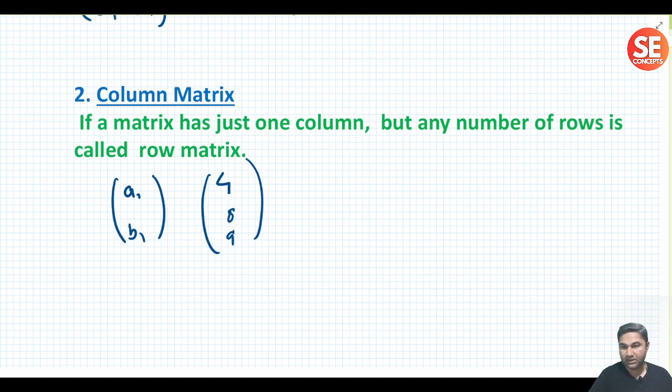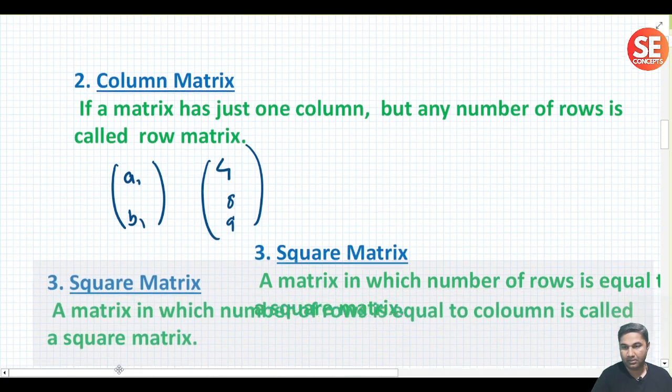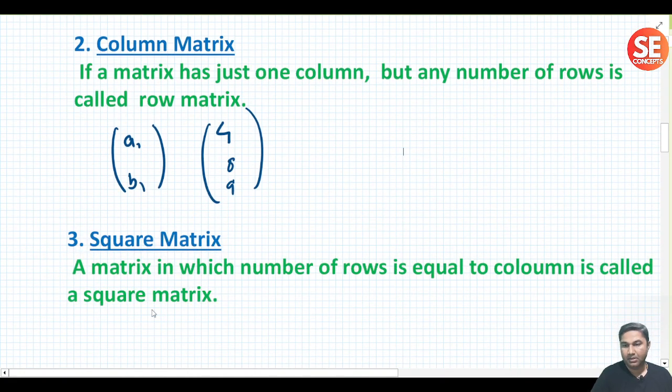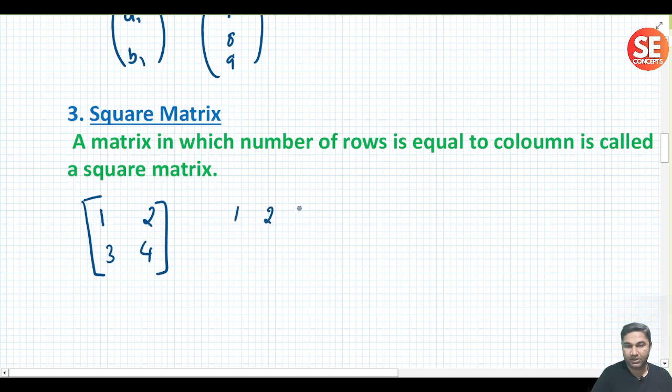So the next matrix we see is the square matrix. A matrix in which the number of rows is equal to the number of columns is called a square matrix. Very simple. Simply write 1, 2, 3, 4. This is a square matrix. If we write 1, 2, 3, 4, 5, 6, this is not a square matrix.